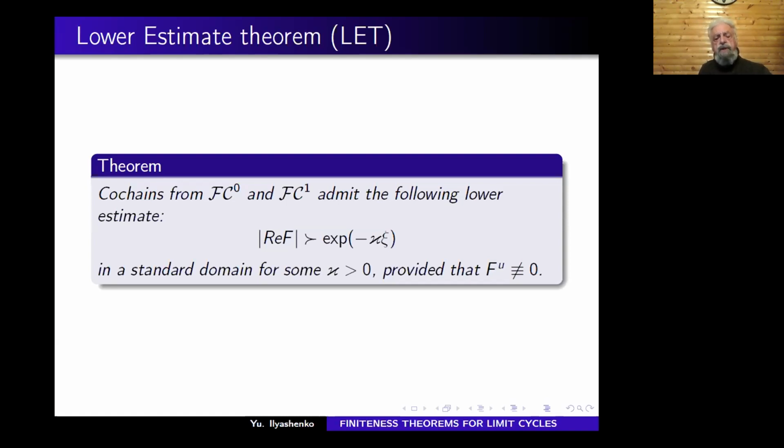Whatever cochains we consider, the real semi-axis will be a part of the boundary of the partition. So we always can distinguish the upper component of the cochains we deal with. So this is the theorem about the lower estimate.